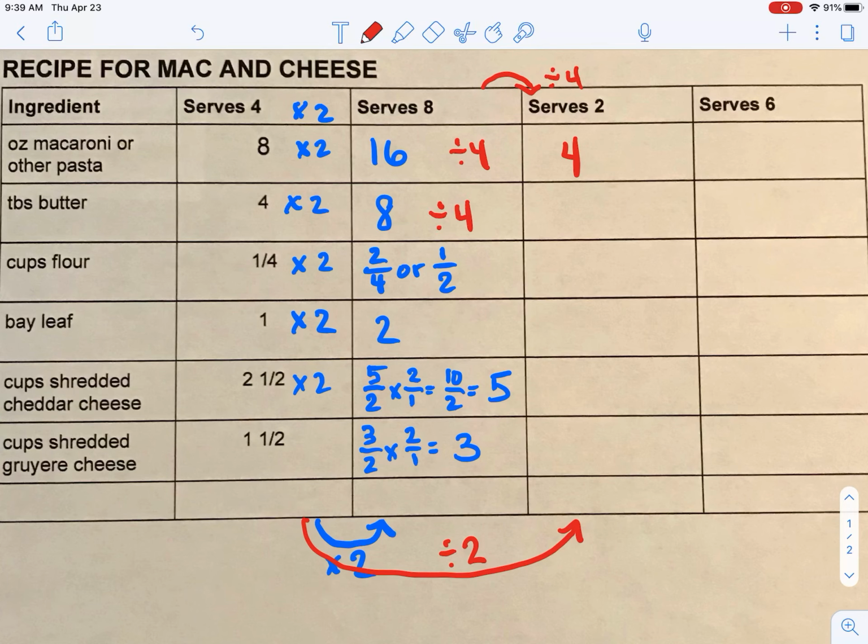Here, divide 8 by 4, which is 2 tablespoons of butter. This is going to be 1/2 divided by 4, which is 1/2 times the reciprocal of 4. And that's going to give me 1/8.